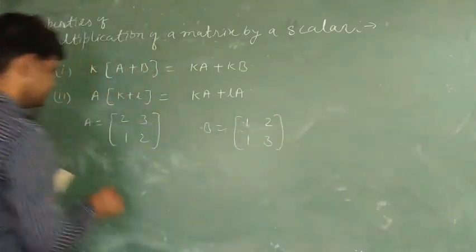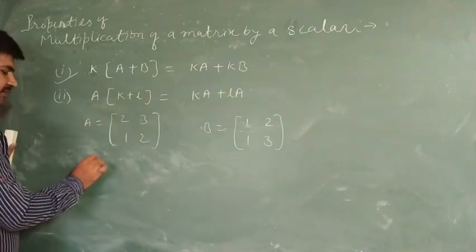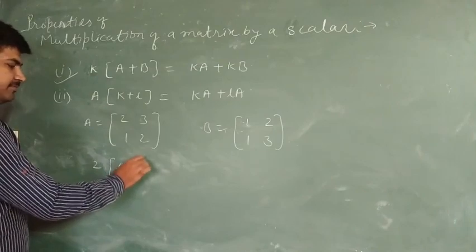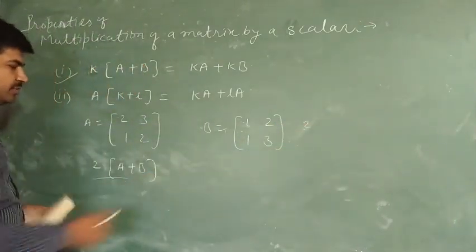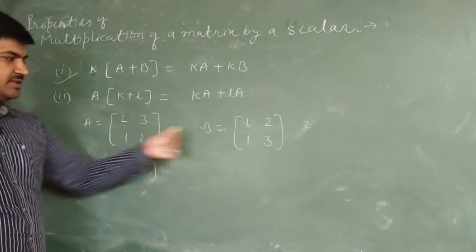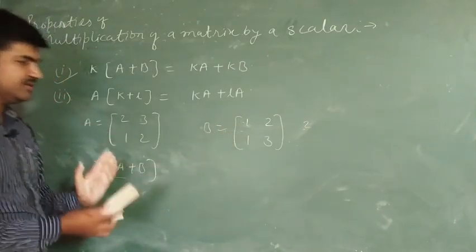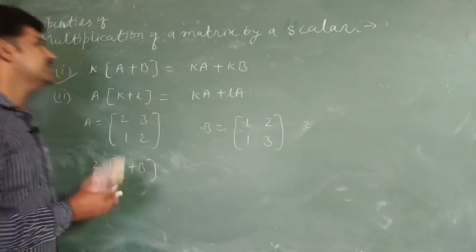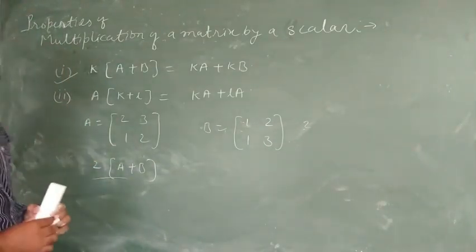If we talk about the first property, it will be 2 multiplied by A plus B. If I have taken 2 as the scalar, then to obtain this you can multiply 2 by the first matrix and 2 by the second matrix, and then both of the result matrices can be added. So these are two simple properties of multiplication of a matrix by a scalar.